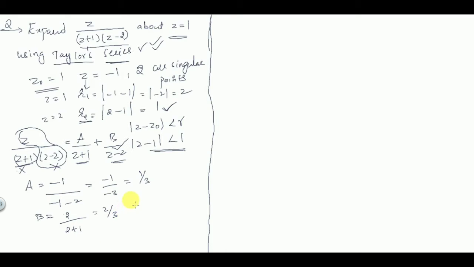So z by (z plus 1)(z minus 2) can be written as 1 by 3 by z plus 1 plus 2 by 3 by z minus 2.